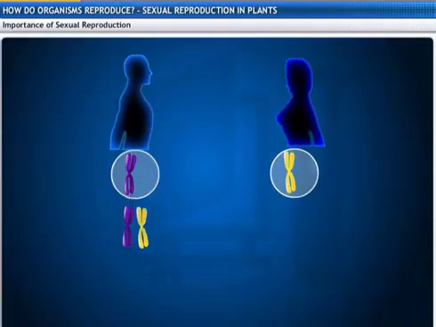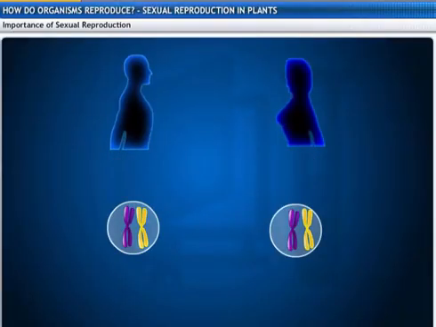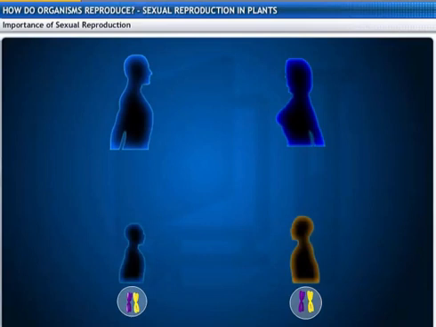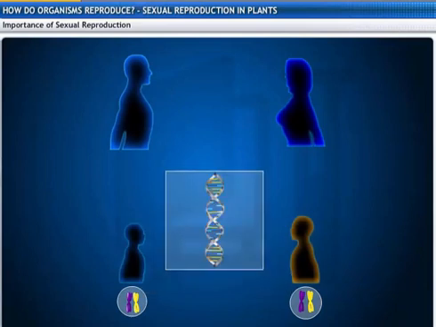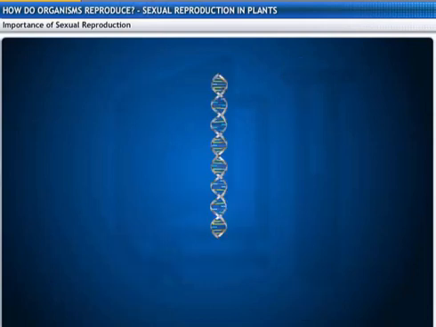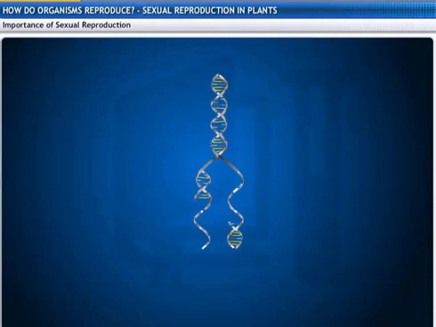You may remember that chromosomes in the nucleus of a cell contain information for inheritance of features from parents to the next generation in the form of DNA, deoxyribonucleic acid molecules. A basic event in reproduction is the creation of a DNA copy.